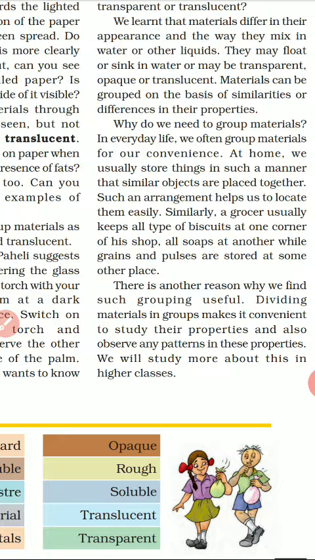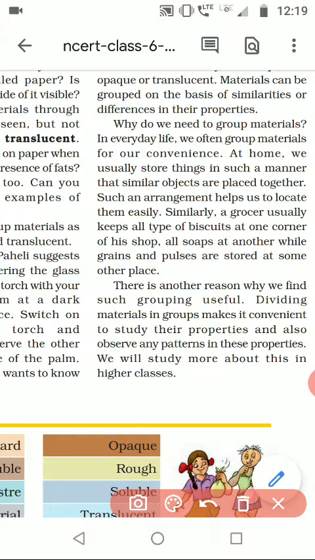Either they are grouped by the name of the author, or standard-wise, or on the basis of the type of stories they have, fiction or self-help books, like this. So there are various types of groupings. We always use this type of grouping in our day-to-day life in various places, which helps us work conveniently and find things conveniently.